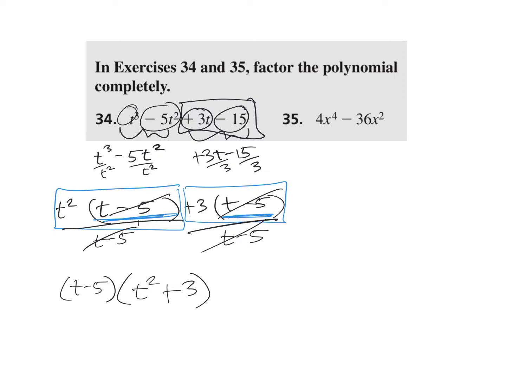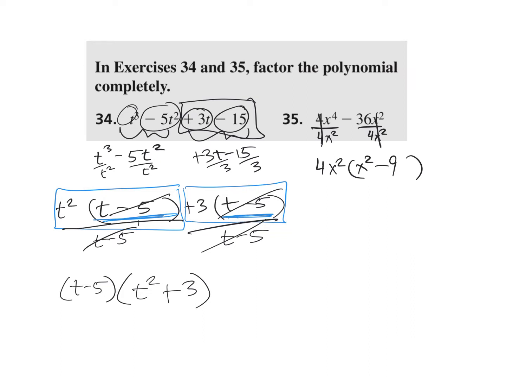Number 35. I can factor a 4 out of both of these and an x squared. They both have an x, and if you're looking for exponents, you take the smallest one. So if I divide both of these by 4x squared, because that's what factoring is, then the 4 is reduced to 1, and the x to the fourth over x squared reduces to x squared. And the x squareds reduce out on the second side here, and 36 divided by 4 is 9.